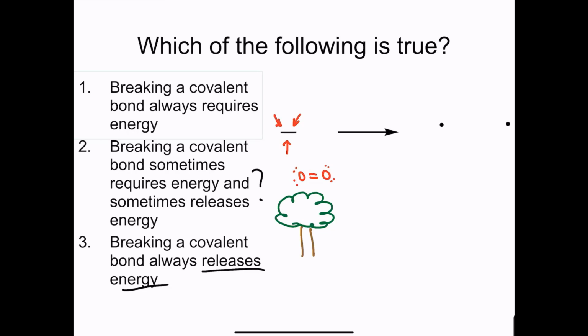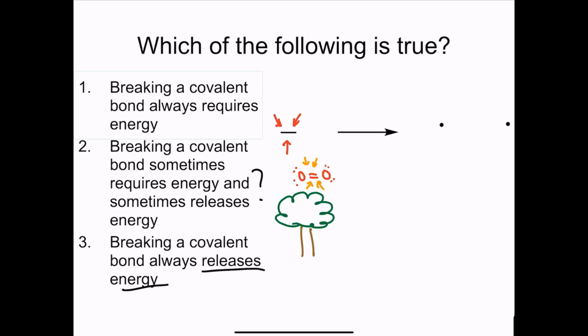They require an input of energy before they're going to go through that reaction. So you have to input some sort of energy, some sort of heat or something like that, to get the oxygen molecules to break up with each other and then go through that combustion reaction.